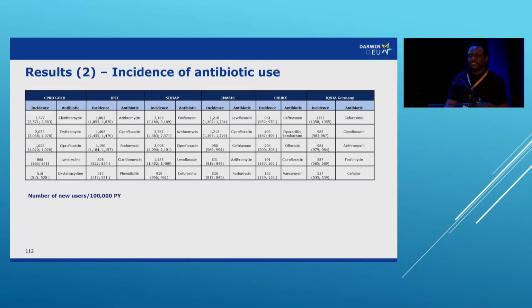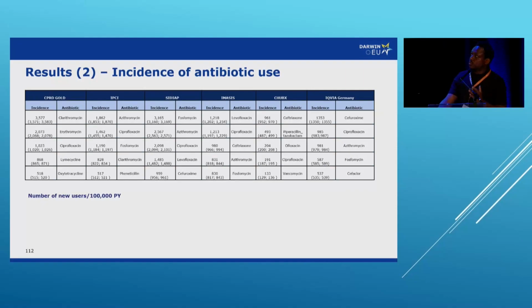In general, the use of these Watch antibiotics was relatively low, but there are some discernible patterns. As you can see in the table, among the top 5 antibiotics used across databases, ciprofloxacin was among them. It was consistently used across all the healthcare databases, regardless of the healthcare setting, which is very interesting.